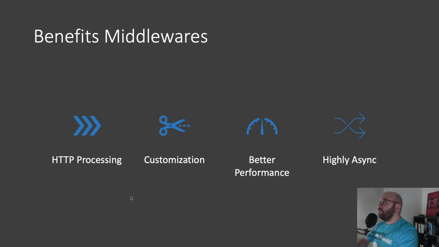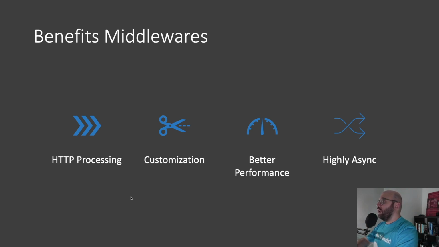The second point is customization, and this also feeds back into the HTTP processing. It will allow us to create customizable middlewares that fit our needs. Third is better performance, and this is one of the main reasons that ASP.NET Core performs way better than ASP.NET. It's because of middleware. Inside a middleware we only load the information and the actions of what we really need.